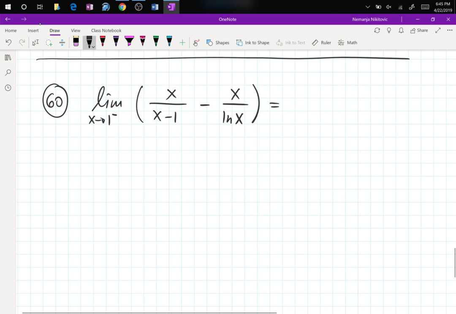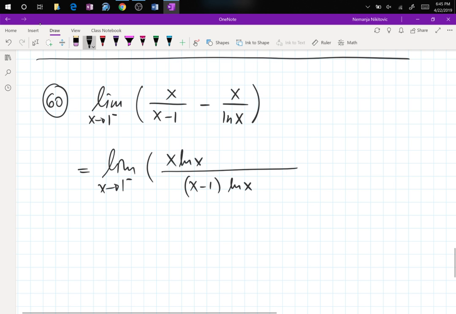I'm going to say limit x goes to 1 minus, and now it's just going to be x minus 1 times ln x, x ln x minus x squared plus x. And let me see what I get in this case.